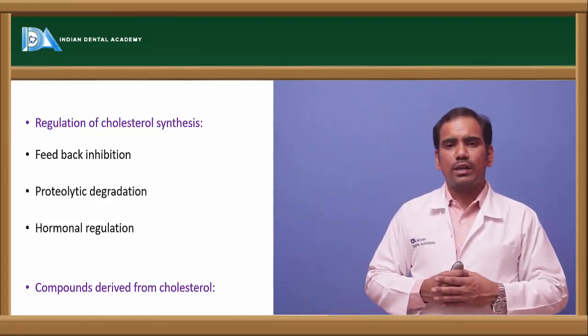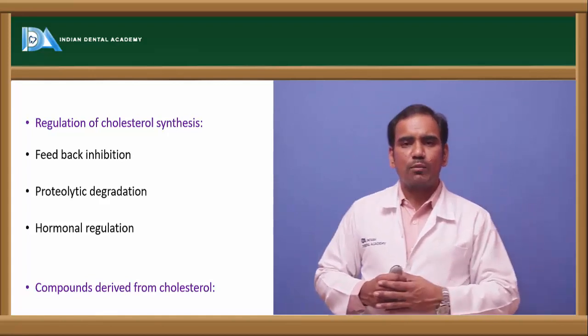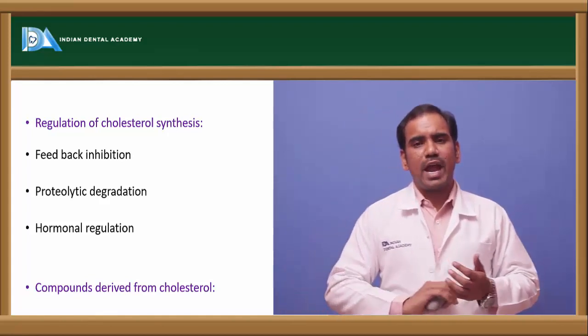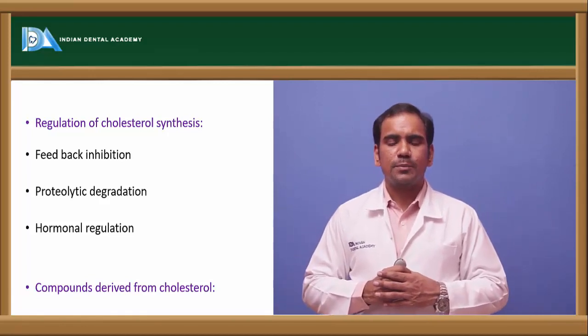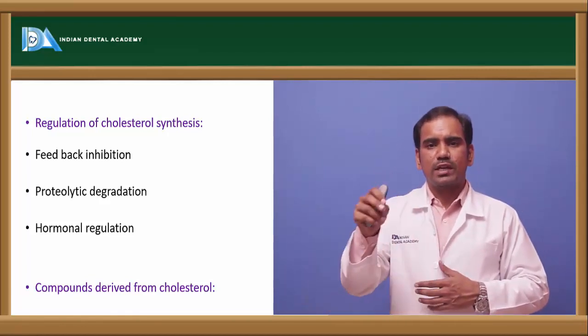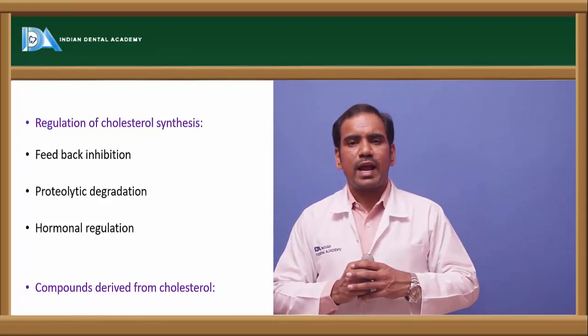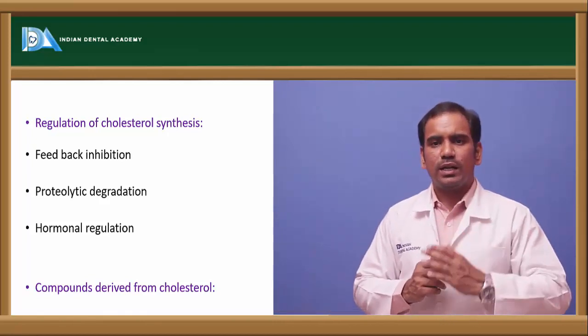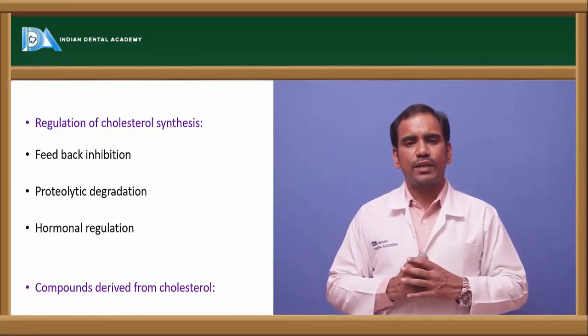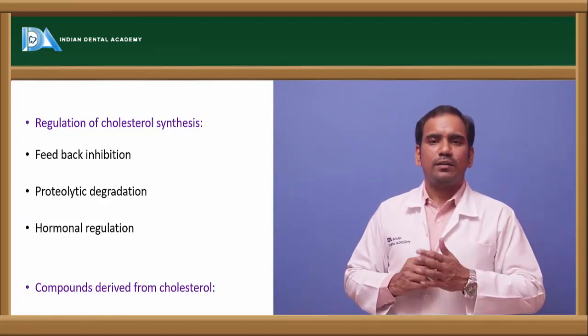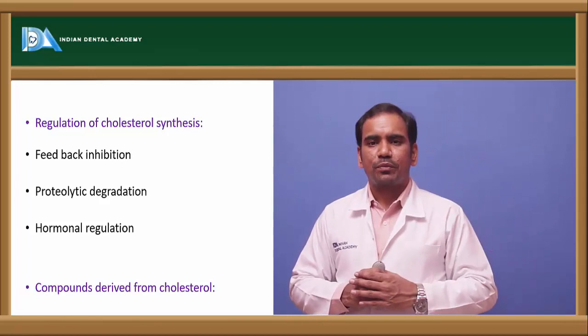Coming to hormonal regulation, hormones like glucagon add a phosphate group to the key enzyme, HMG-CoA reductase. Whenever a phosphate group is added to HMG-CoA reductase, its activity is decreased. So phosphorylation decreases the activity of HMG-CoA reductase, and that is brought about by glucagon.